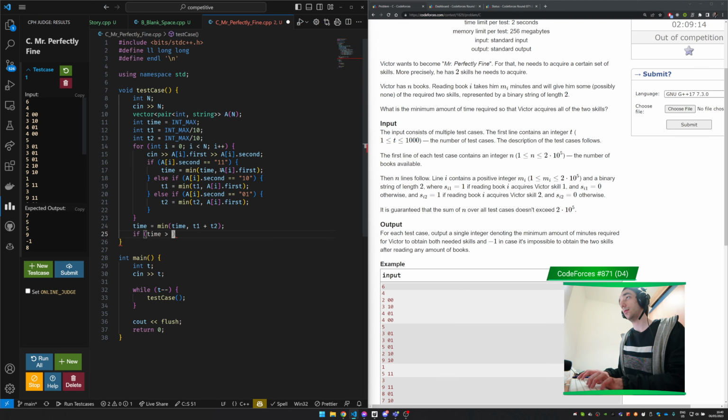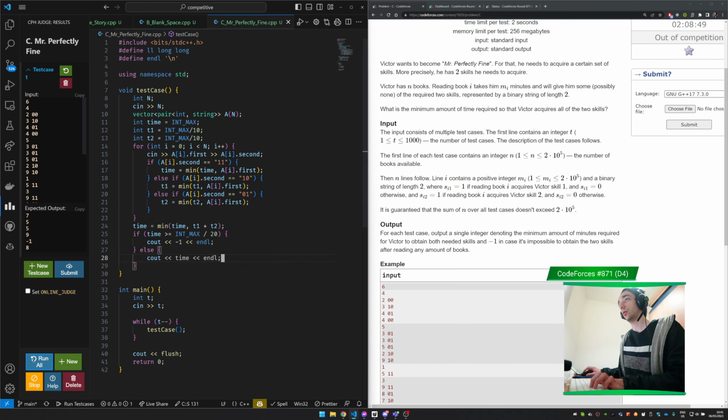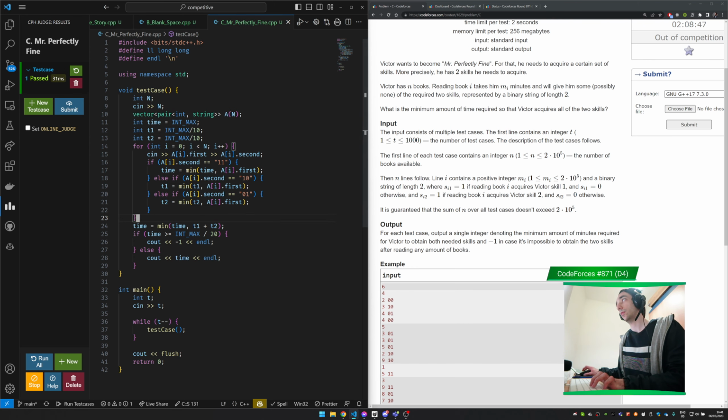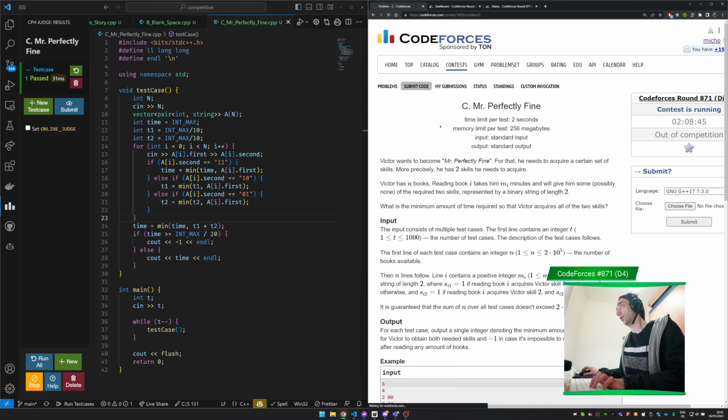And if time is bigger or equal than int max divided by like 20, cout minus 1, else I'll cout time. This shouldn't overflow at all.